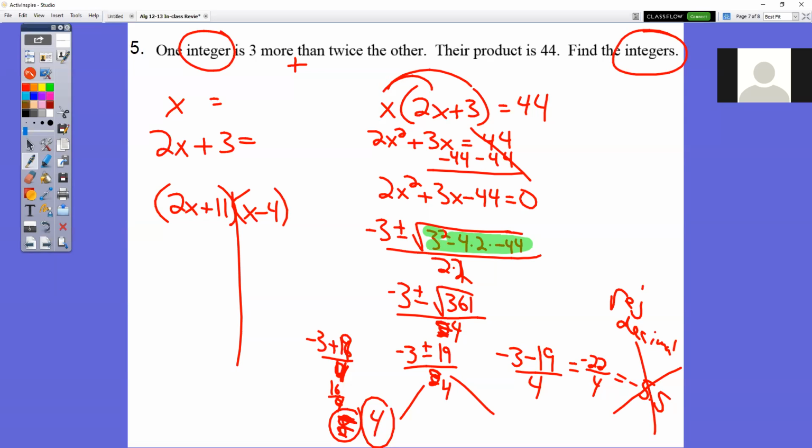So you take your 4, you sub it back in. So x equals 4. 2 times 4 is 8, plus 3 is 11. Always double check your answer and make sure it makes sense. It says their product is 44. Well, 4 times 11 does give you 44. So those are what your quiz questions look like tomorrow.